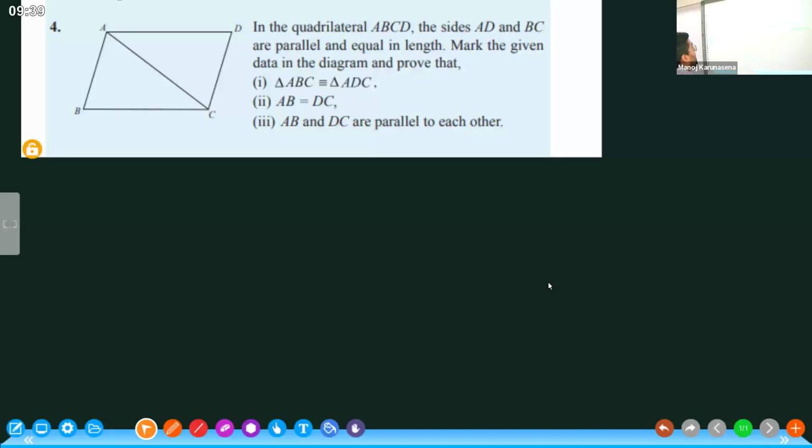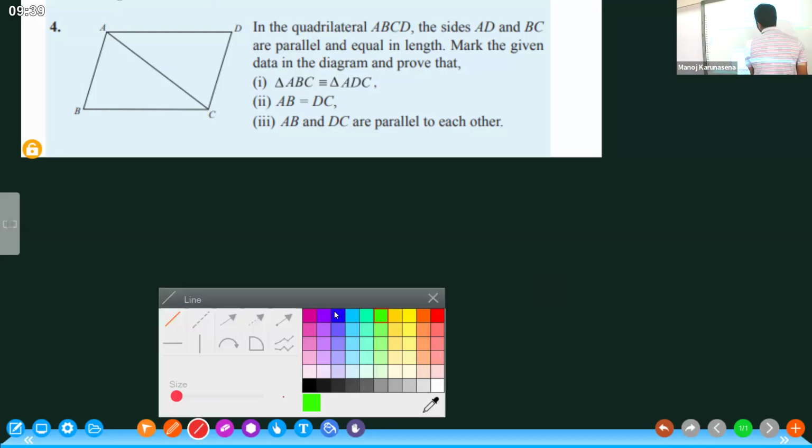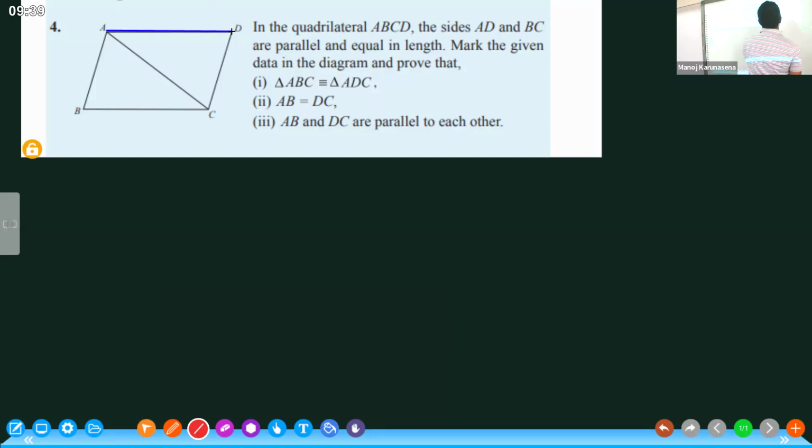In the quadrilateral ABCD, the sides AD and BC are parallel. These two sides are parallel.